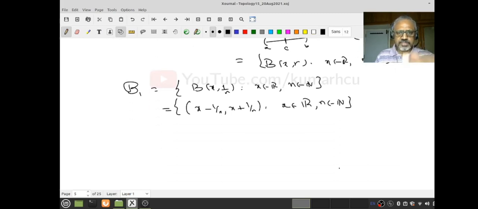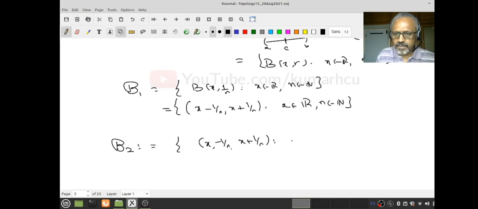So these are all special cases of what you have seen in the metric space. But in the case of real numbers, I have another interesting example, call it B2. This is the set of all (x minus 1/n, x plus 1/n), where x is only rationals and n is a natural number.